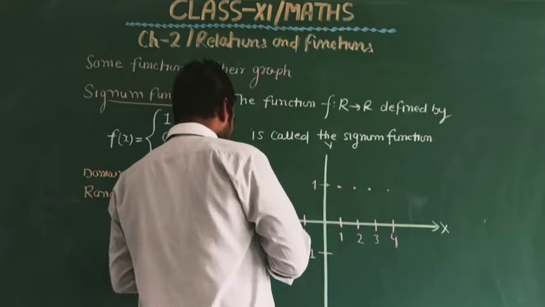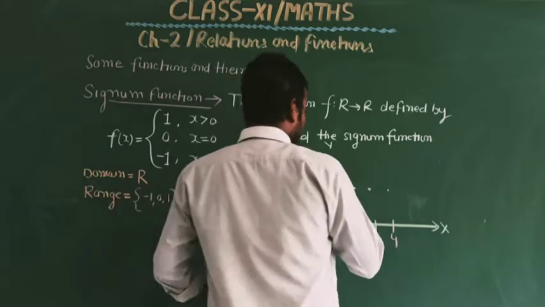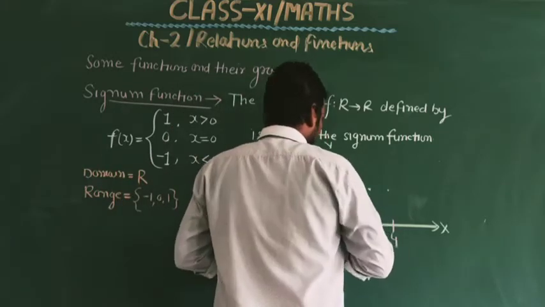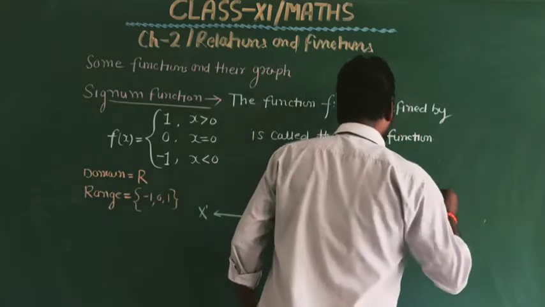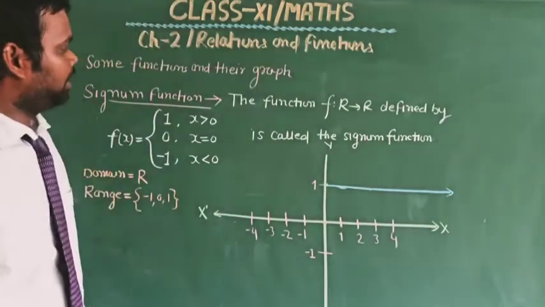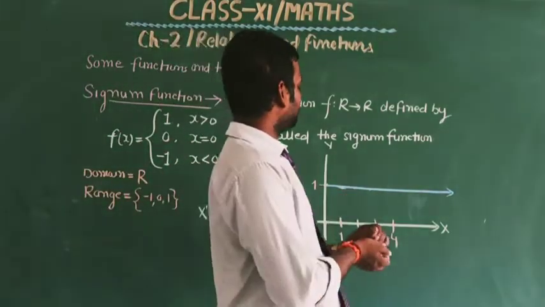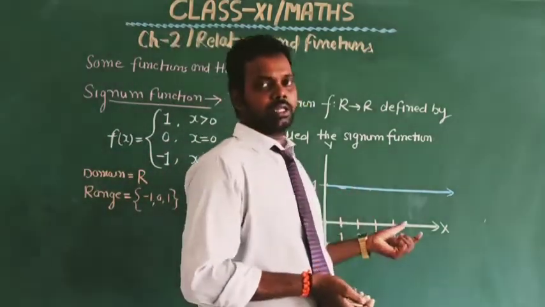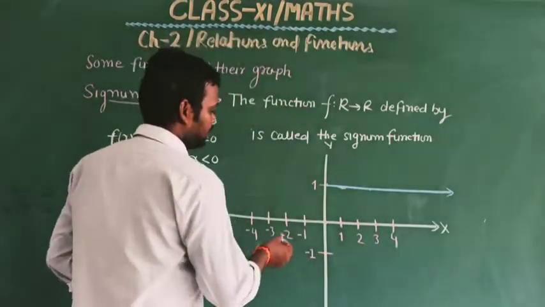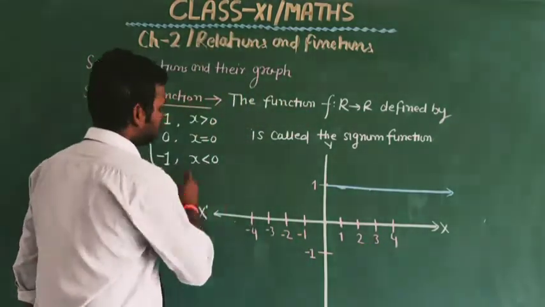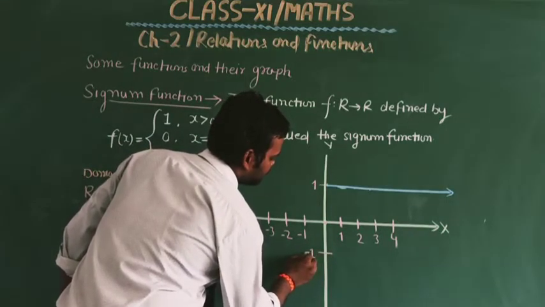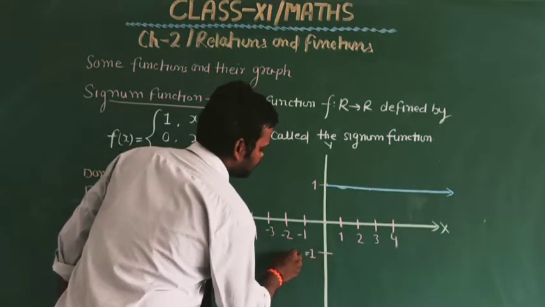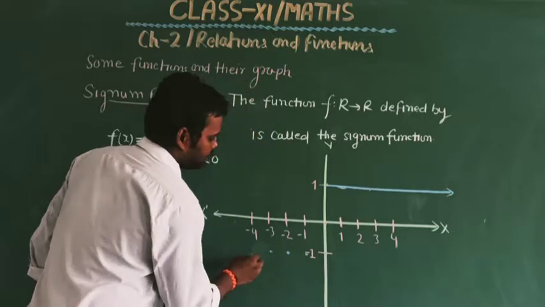Joining these points, a straight line parallel to the x-axis is obtained. Similarly, at minus 1 the value is minus 1, at minus 2 it is minus 1, and at minus 4 it is minus 1.